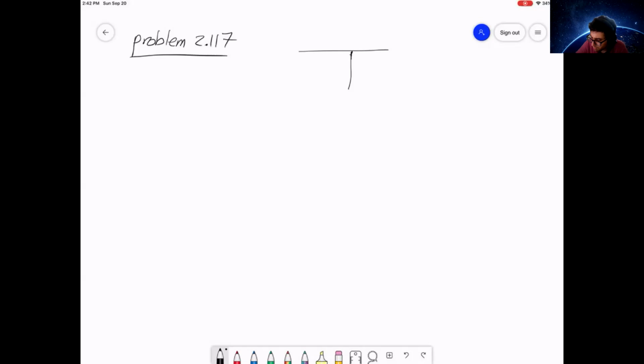You basically have a tension cable holding an iron ball in water, and this ball is submerged in water. Let's see, water, and this one is iron. And basically you have a tension cable just holding this iron ball in water.